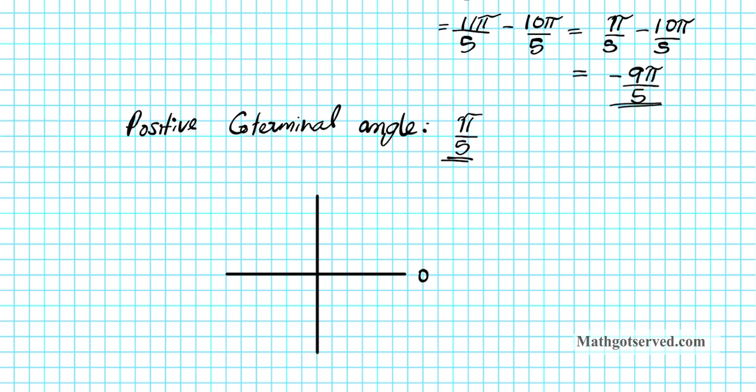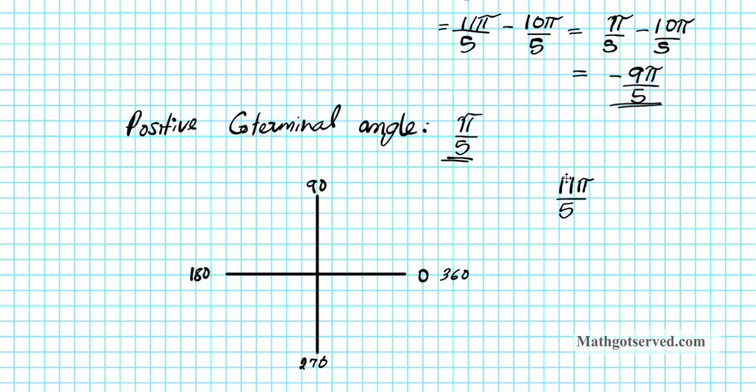This is also 360. This is 90, 180, 270. It's really easy to graph angles if you're in degree measure. So how about we change 11 pi over 5 to degree measure so it's easy for us to estimate where its location is.